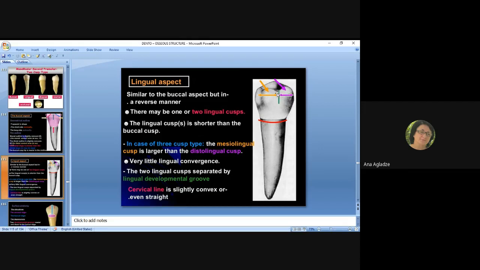They can be divided by this lingual developmental groove. Yes, and the lingual cusp is shorter than the buccal cusp.